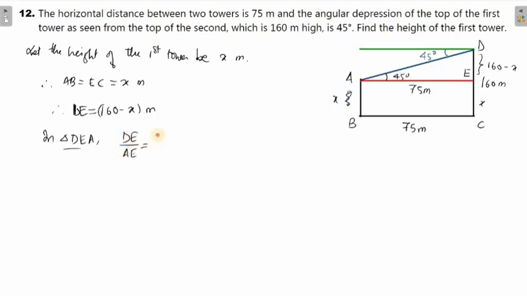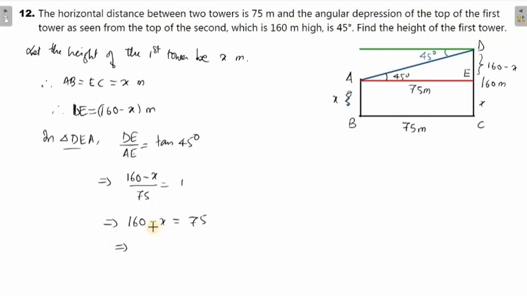Perpendicular by base is tan theta, whereas in place of theta we have 45 degree. Now let's put the values. DE is 160 minus x divided by AE. AE is 75. Tan 45 is 1. Do the cross multiplication, you get 160 minus x is equal to 75 into 1, which is 75.